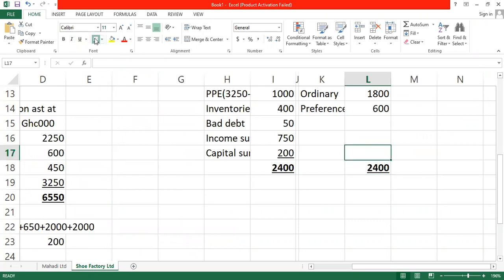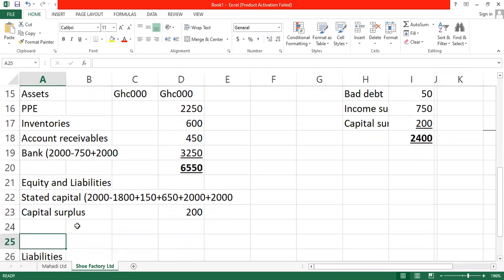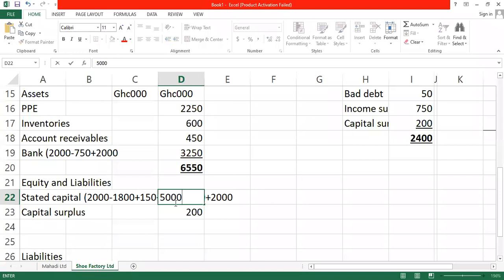Who is also adding? We have 2,000 minus 1,008 plus 150 plus 650 plus 2,000 plus 2,000. How much are we getting? You can also get 5,000.